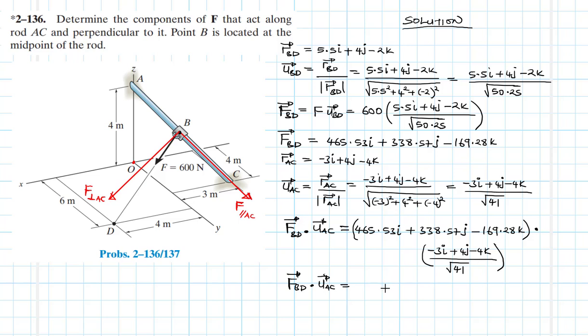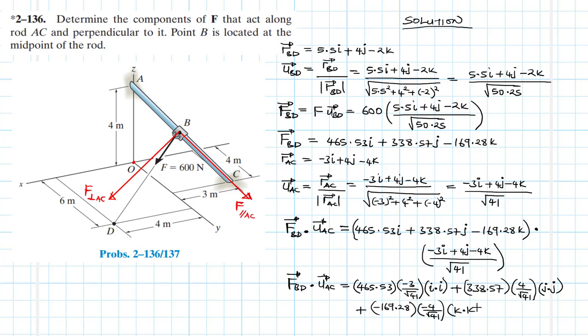If we do the dotting, I'll write everything else here. So we have 465.53 times minus 3 divided by root of 41, and then times i dot i, plus 338.57 times 4 divided by root of 41 times j dot j, then finally plus minus 169.28 times minus 4 divided by root 41, and then finally times k dot k, like so.